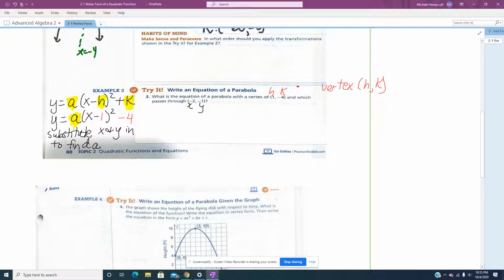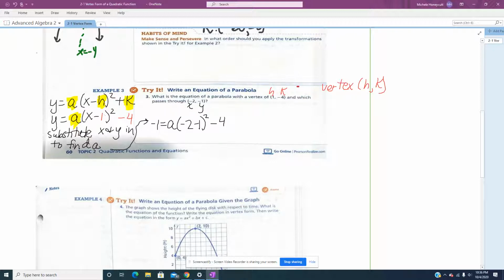And here's what that will look like. The y is -1, so -1 equals the a, which I don't know, times x, which is -2, minus 1 squared minus 4.